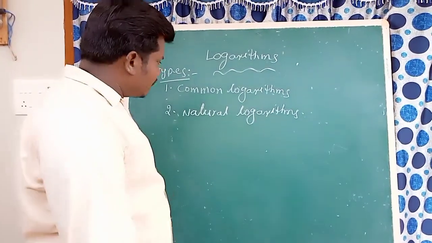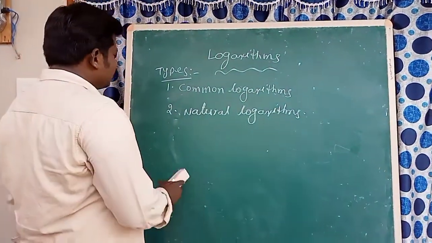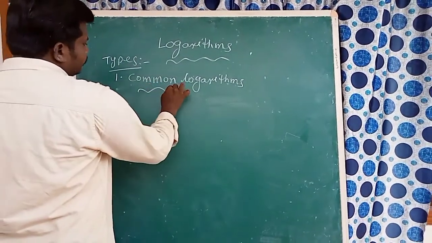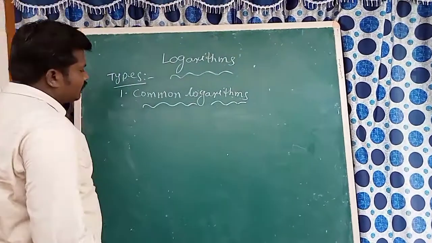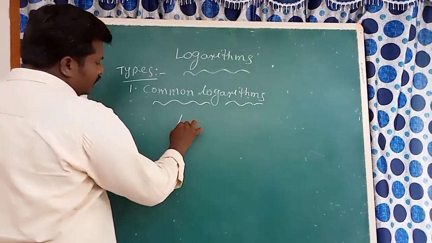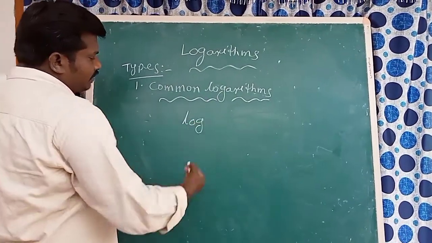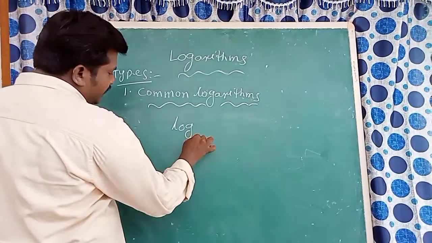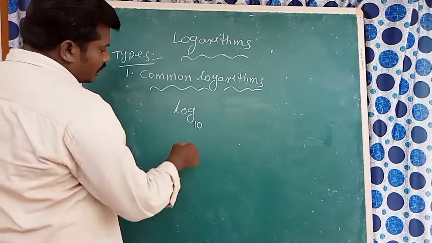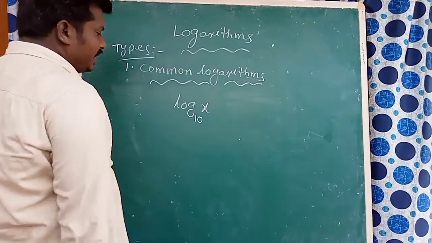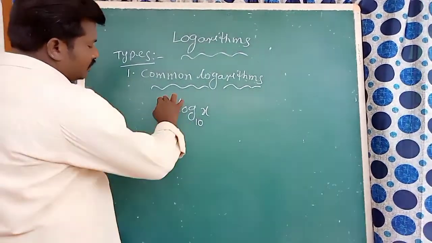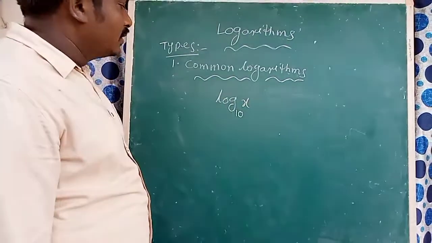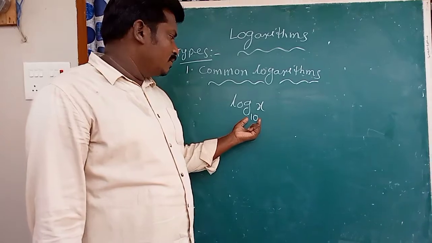First see these common logarithms. In common logarithms, the logarithm is written like this with base 10 and value x. So this is the representation of common logarithms. The base value must be 10.